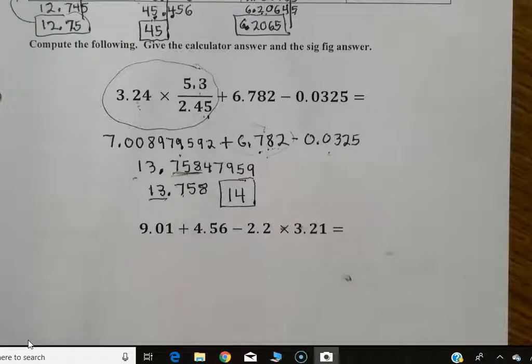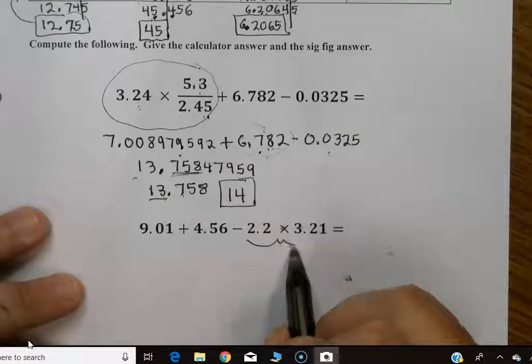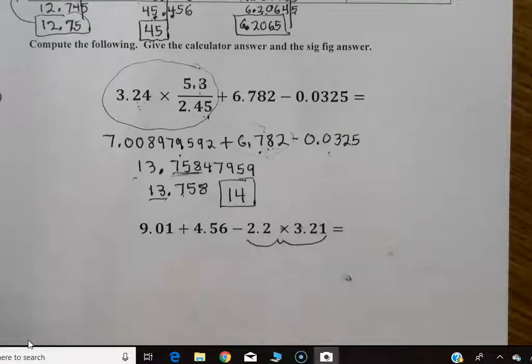Okay, go ahead, pause, do the last one. And we're back. Okay, so what do we have here? We have a multiplication right here. So let's go ahead and do that. And you see that there's only 2 significant figures there.